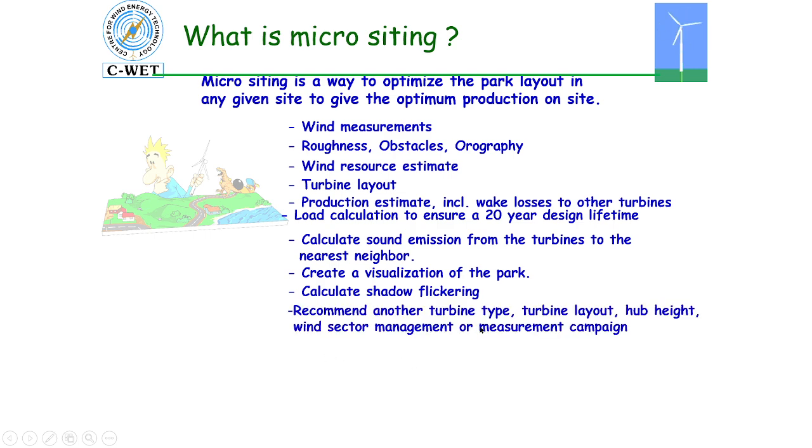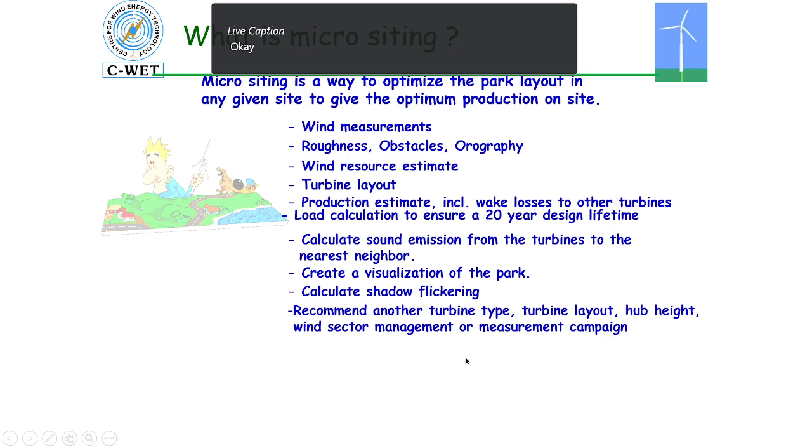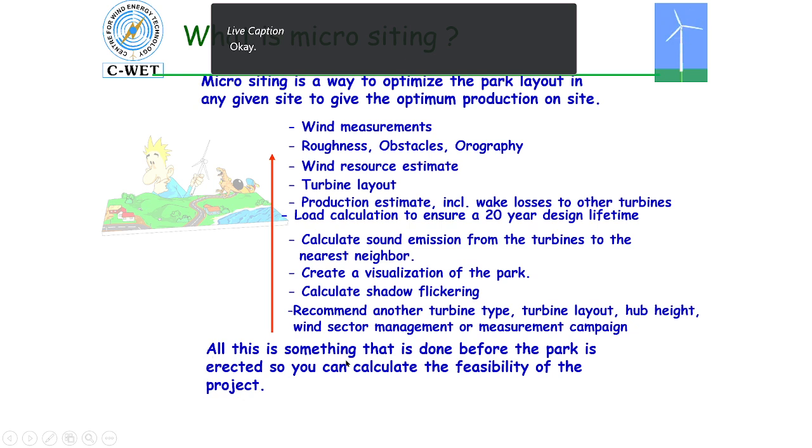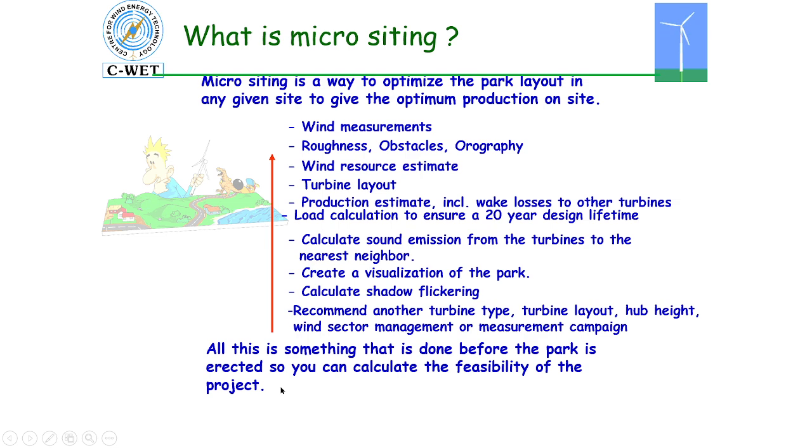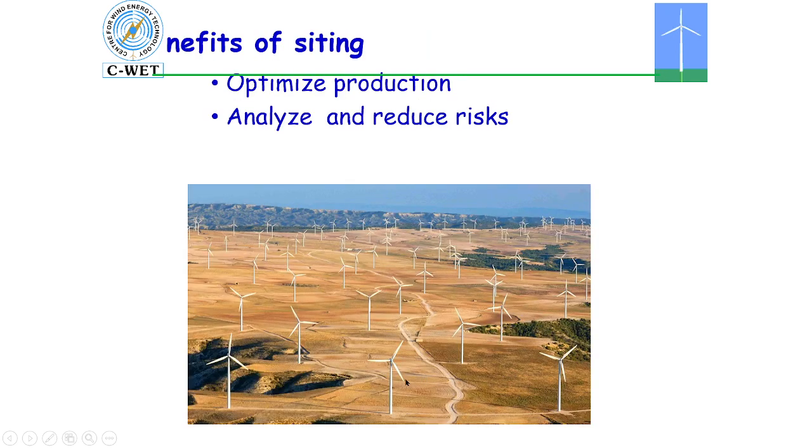Recommend wind turbine type, turbine layout, hub height, wind sector management or measurement campaign. All these are done before the wind farm is erected. So you can calculate the feasibility of the project by doing a rigorous micrositing.